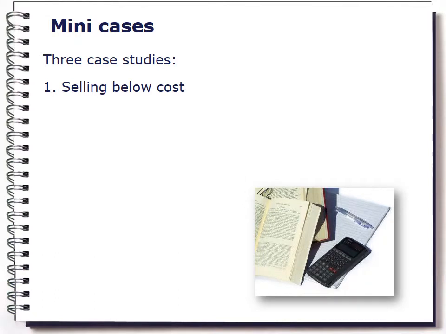The mini cases consist of 3 different cases. The first one is fairly straightforward, which I will discuss just now. The second one deals with decision making and the organizational structure, and how wrong decision making often influences the performance of the operations function.